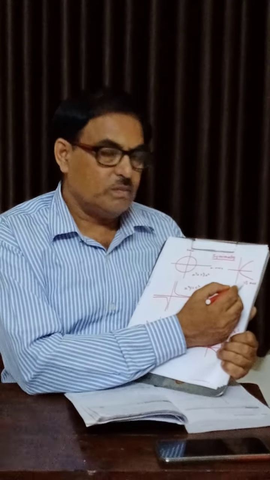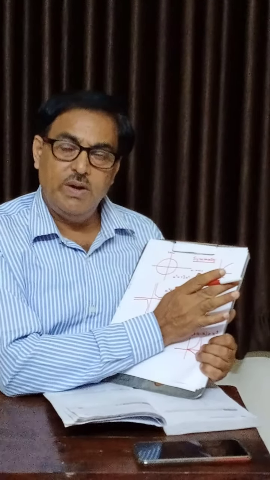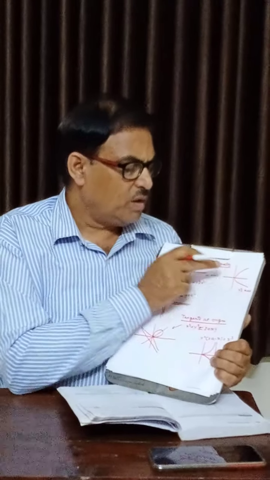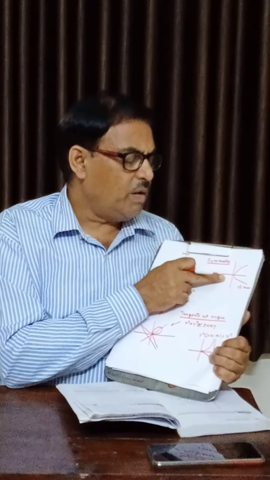Here y exists in only one place and its power is 2, so it is even. Then the symmetry rule says that this curve will be symmetrical about the x-axis, and we know that this curve is this. Clearly, this is symmetrical about the x-axis. Symmetrical about the x-axis means the curve is the same in shape and size on both sides of the x-axis.